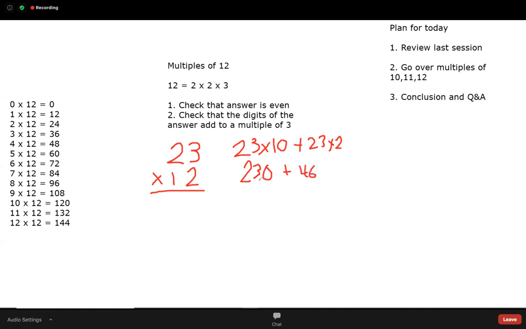Then we do 230 plus 46, and that'll give us 276. If we check it, it will first of all be even, so it gets 1 check mark. And then when we add the numbers together, 2 plus 7 is 9, and 9 plus 6 is 15. And 15 is just 3 times 5. So it works. It'll pass. That'll be our answer.